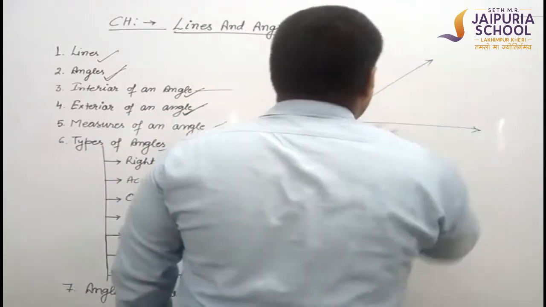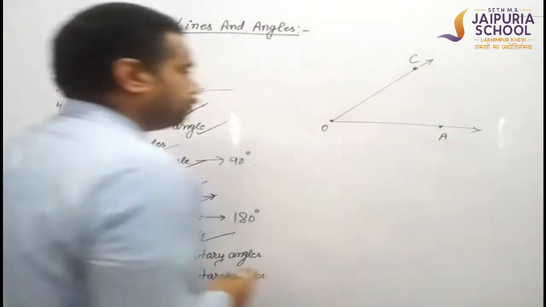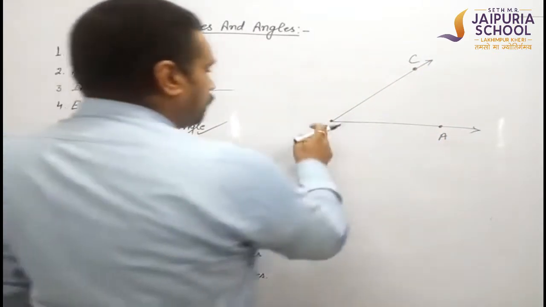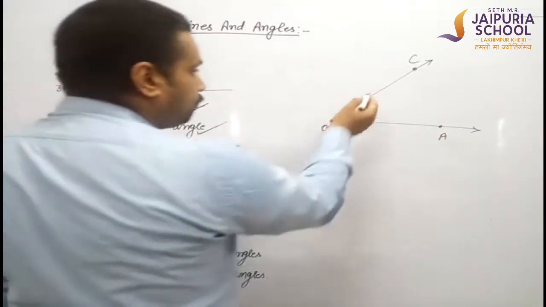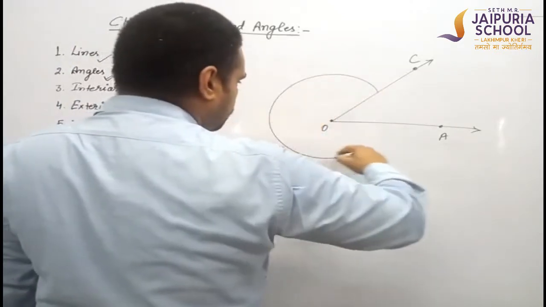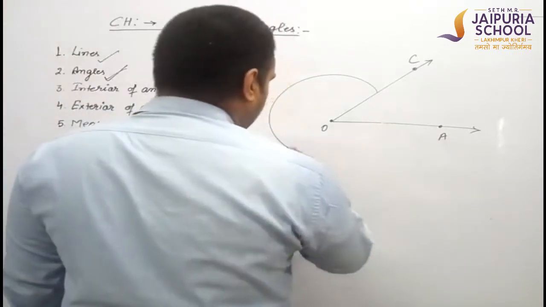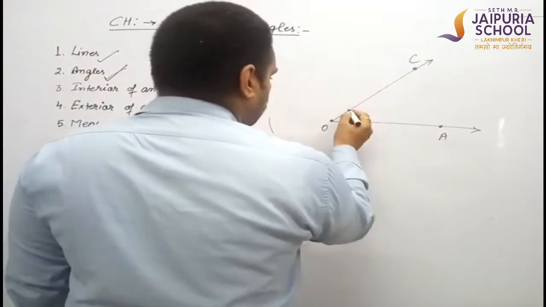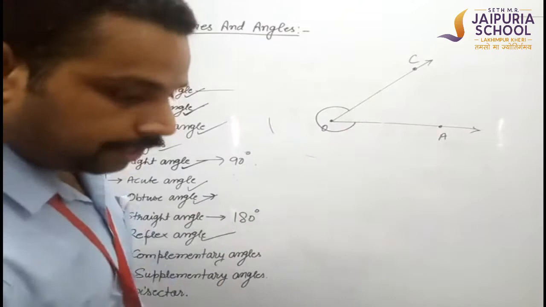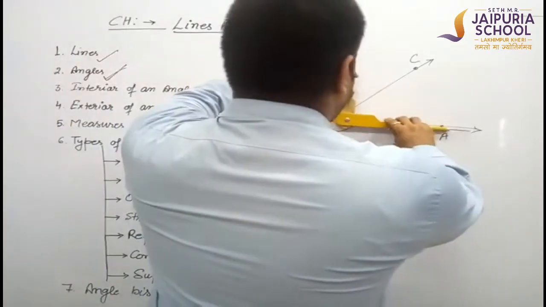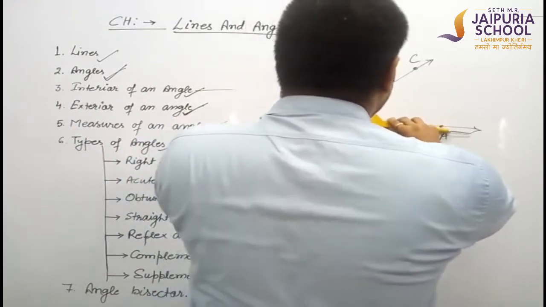This is A, B and C. Here you have already studied the interior angle, but if I am taking this angle, and this ray is moving like that, so what happened?